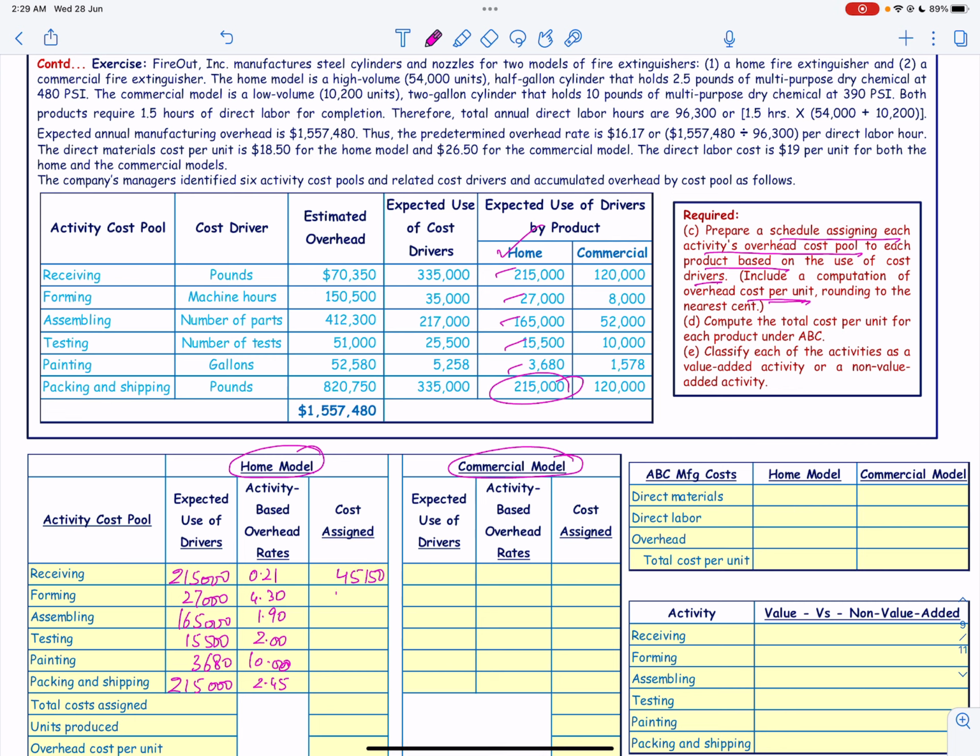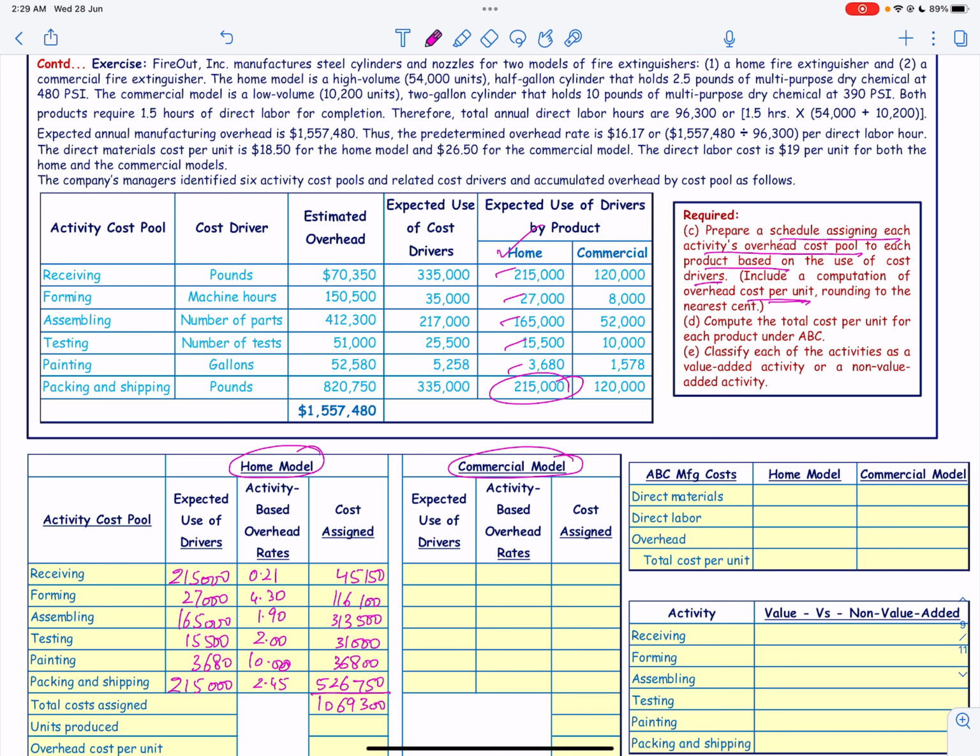45,150, 116,100, 313,500, 31,000, 36,800, 526,750, and now the total cost assigned will be the total of these values, that is 1,069,300.